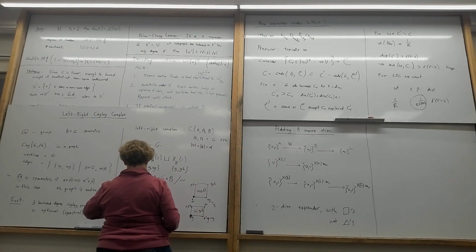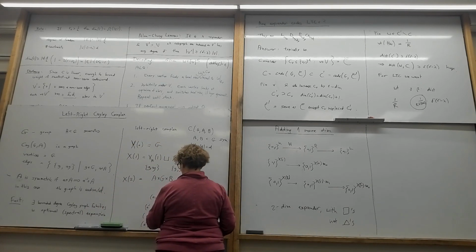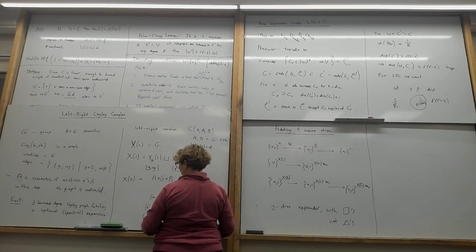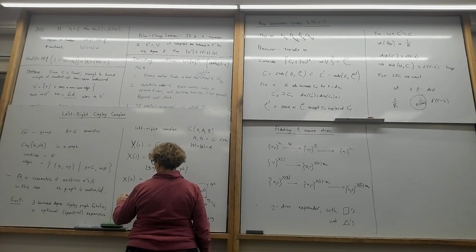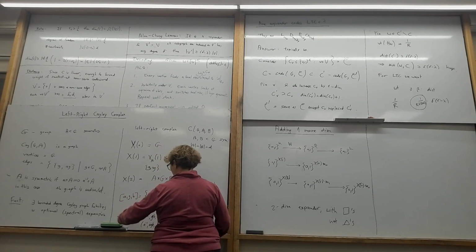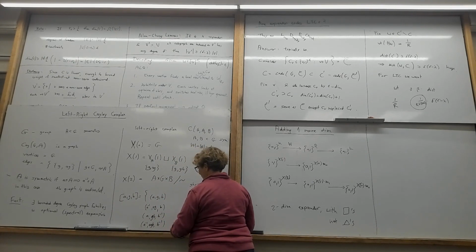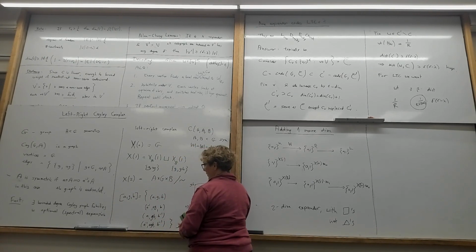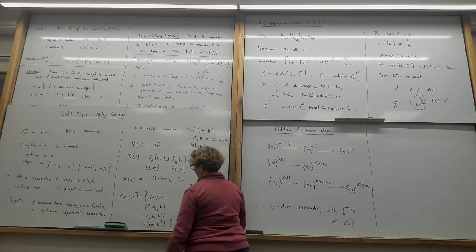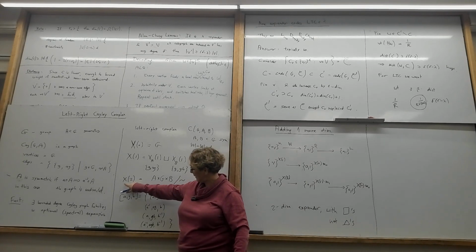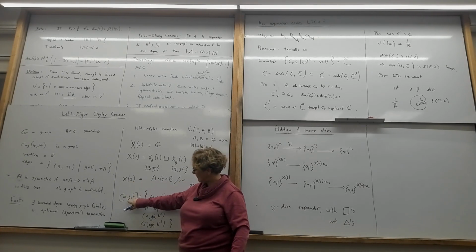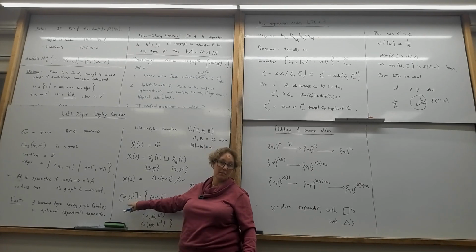I can write that this is equivalent to this is equivalent to this, or I can write that this equivalence class is equal to the set of these 4 rooted squares. Okay, so then you can think of my set x2 as the set of equivalence classes.